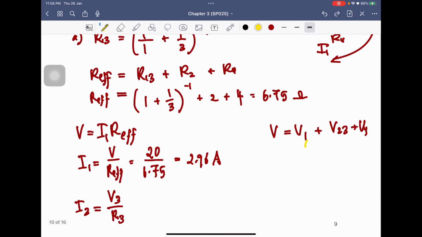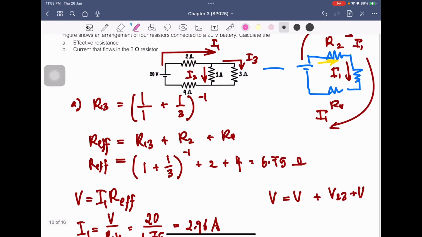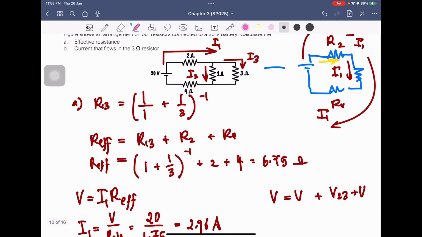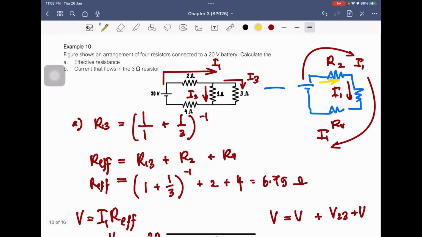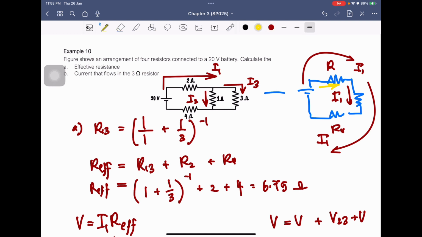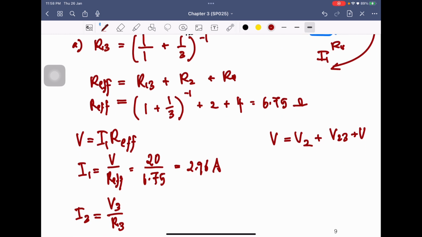So it follows the value of the resistor. Okay. Can? 1, 2, 3, 4. Okay, we label it like this. So this will be R1. This is R1. This is R23. This is R4. So this will be V across resistor 2. This is V across resistor 4.